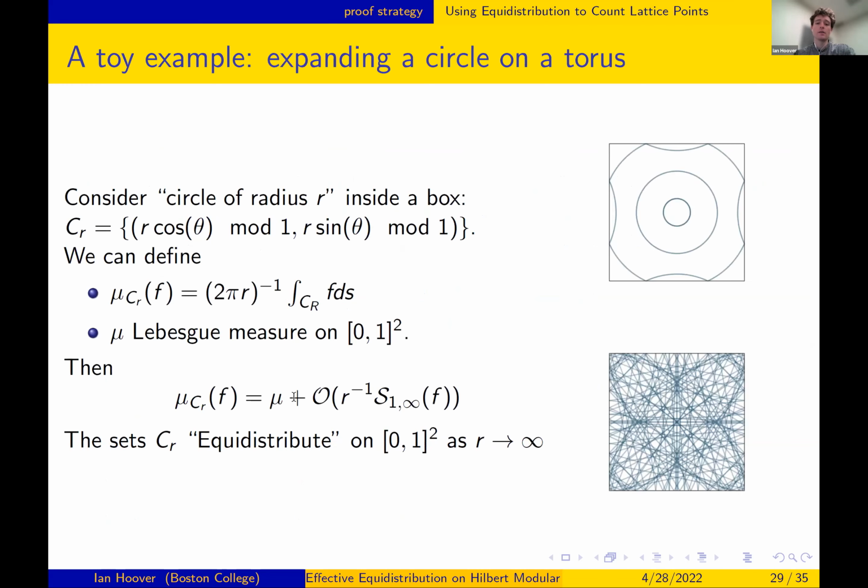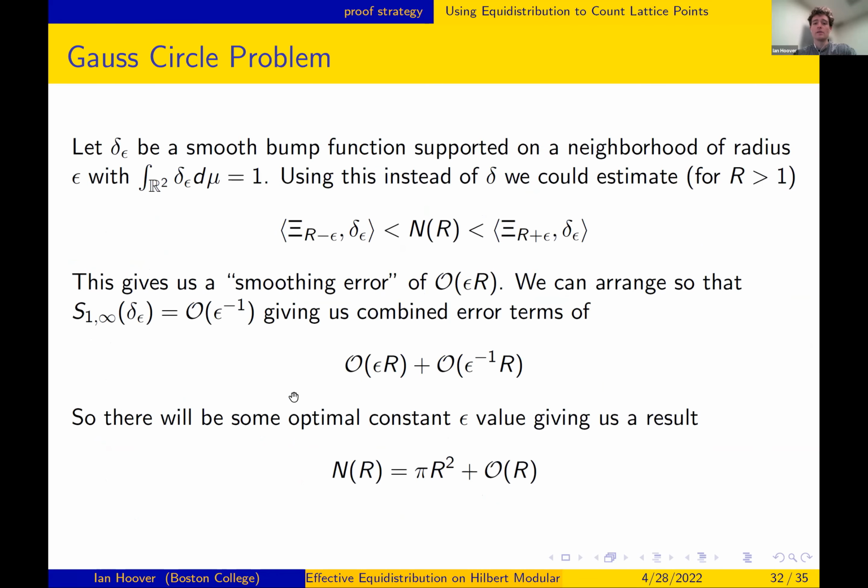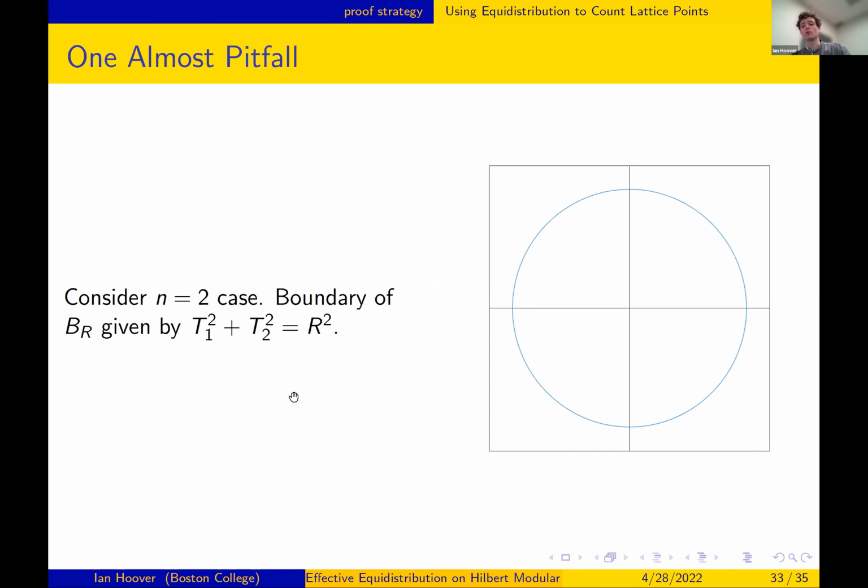There is one almost pitfall in all this: for n greater than 1, our sets look like some kind of ellipsoids, and the boundaries were these circles where the sum of the squares of our shearing parameters equaled some constant.